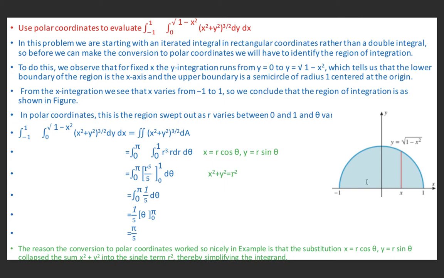Here it is theta equal to 0 and this is theta equal to pi. So in polar coordinates, the region is swept out as r varies from 0 to 1 and theta varies from 0 to pi.